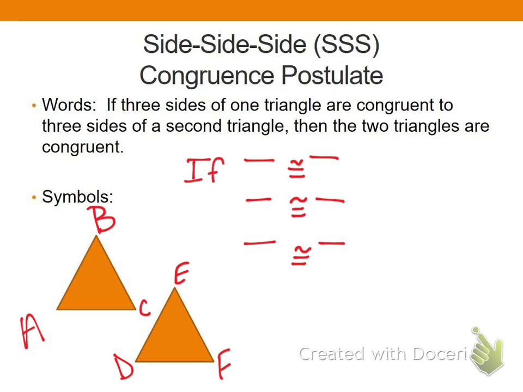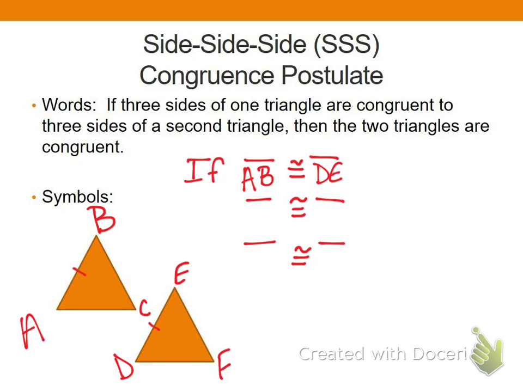We can decide for ourselves what parts we want to match up to each other. For example, if I wanted to start off with side AB, I need side AB to be congruent to some side in the other triangle. What side do you want it to be congruent to? DE, sure. So if that's true, I'm going to give them both one tick mark.